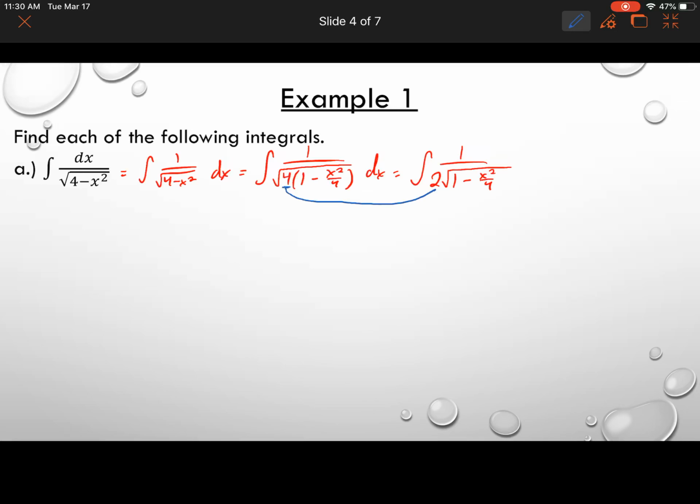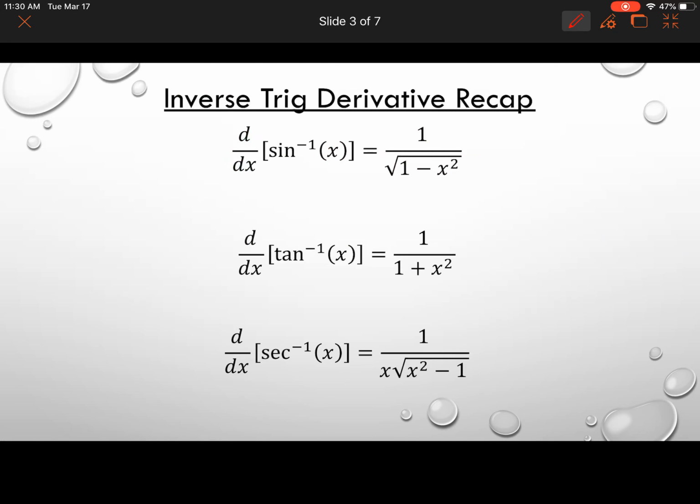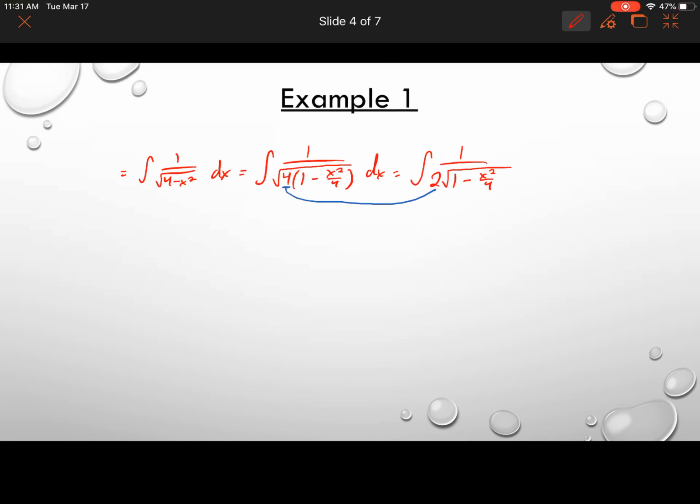Now, the trick here is, going back, we want this to be something squared. So quantity squared, that's it. Now what we have is a quantity squared over 4. So we're going to turn x squared over 4 into x over 2 squared.